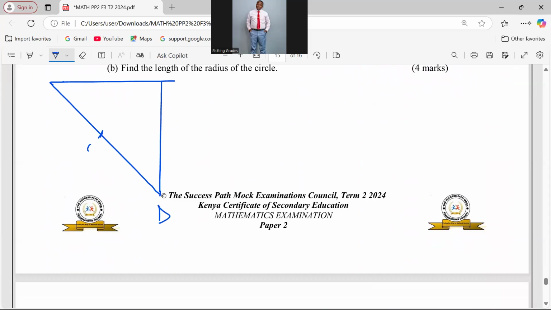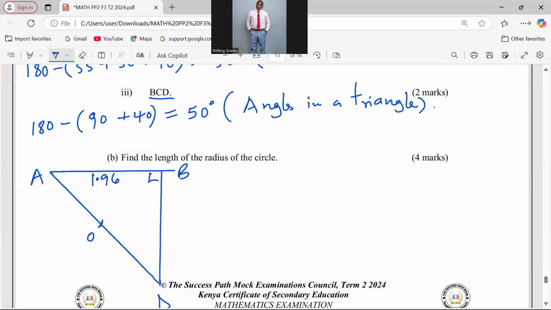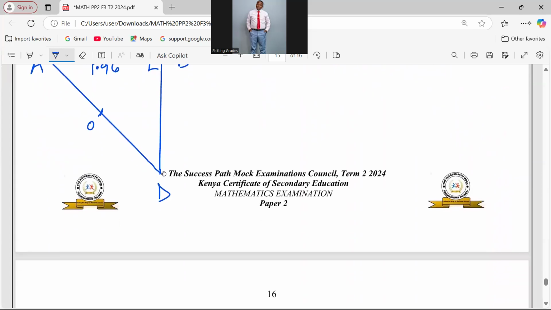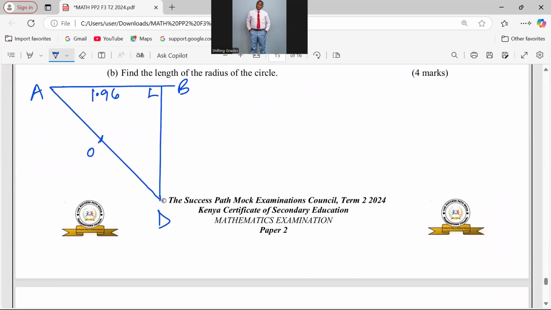Remember, this is point O, whereby the whole of AD is a diameter. So at B, we have a right angle. This is 1.96, 96 centimeters. Now, these angles are 40.